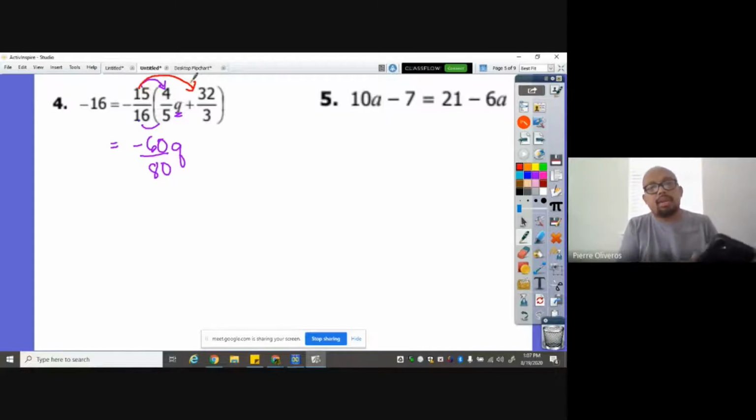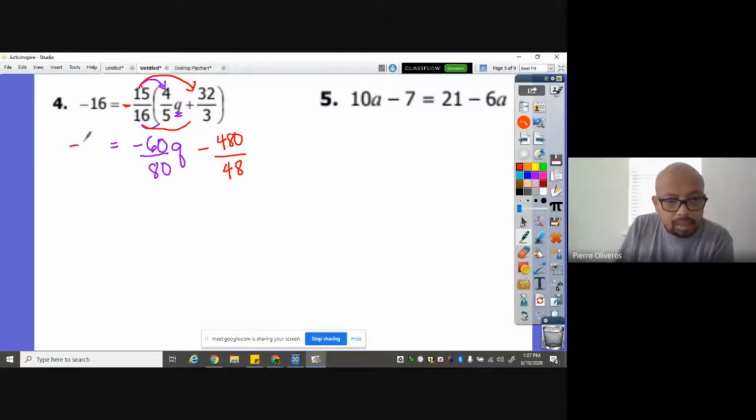If you notice, it's kind of a big number, but we can work it out. 15 times 32 will give you 480, negative 480, because this is negative here. And then 16 times 3 will give you 48. And then that is equal to negative 16 on the left side.